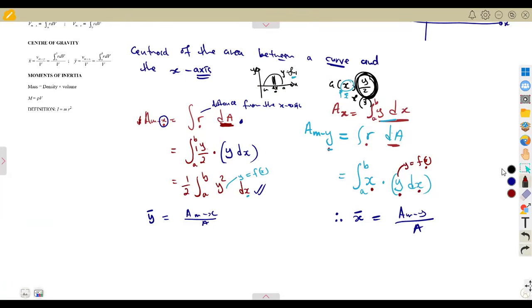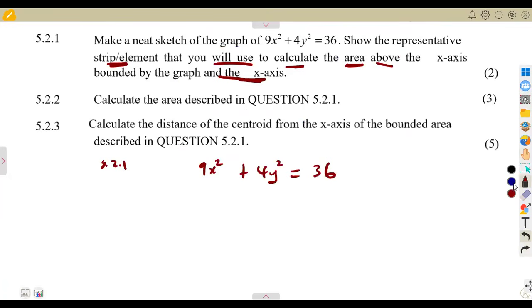Meaning to say our G is going to be taken as what when it is like this, between the curve and the x-axis. We said our g is going to be this one. X is not going to change because it's about the x-axis. That part that is this one, I want you to see here. Let's go back to our question.